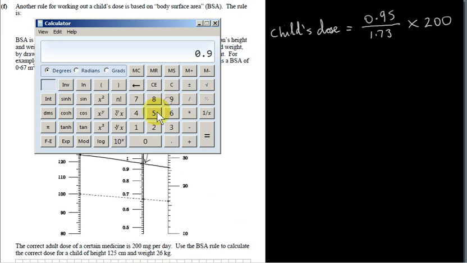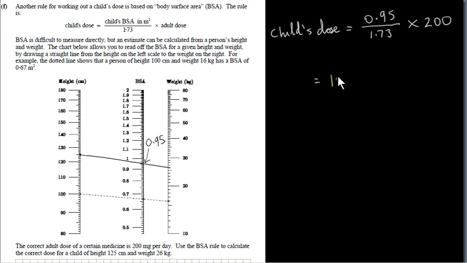So we have 0.95 divided by 1.73, and this number is multiplied by 200. Okay, so I'll write this down to, say, one decimal place: 109.8 milligrams.